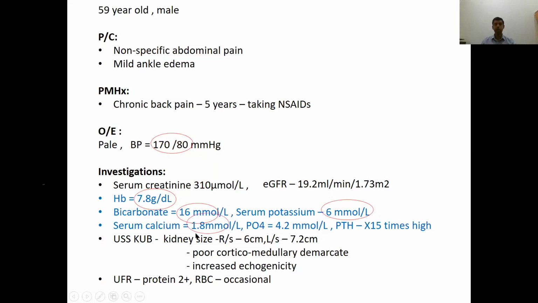Calcium is low; normally it is 2.2 to 2.6, and here it's 1.8. Phosphate is high and the PTH is high. All these are complications of CKD, and if you don't correct them, they are going to cause faster progression of the CKD as well. That is the next thing you need to identify in these patients.